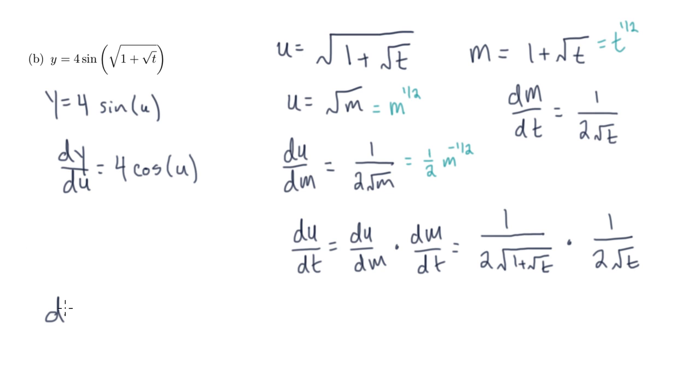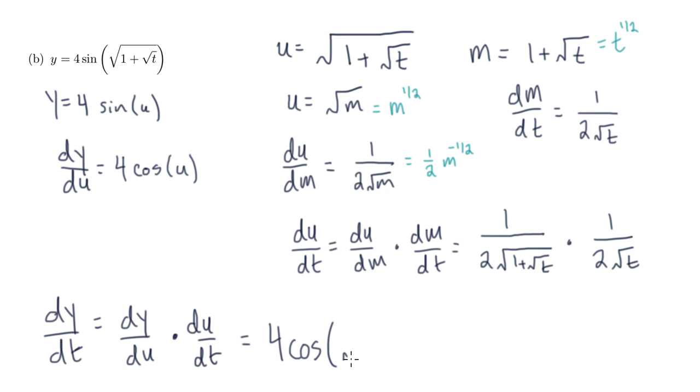So dy/dt, by the chain rule, is dy/du times du/dt. Okay, dy/du is 4 cosine u, but u is square root of 1 plus square root of t.